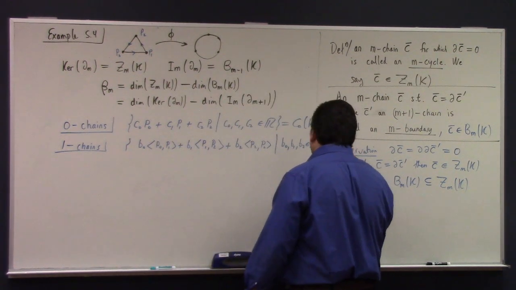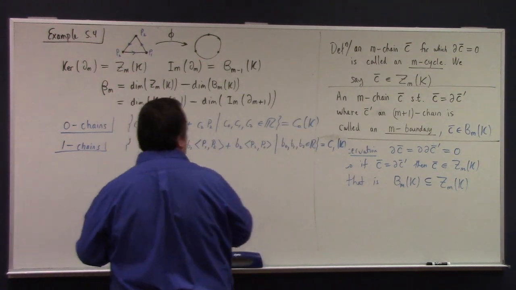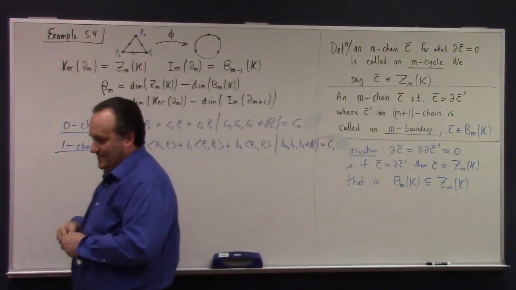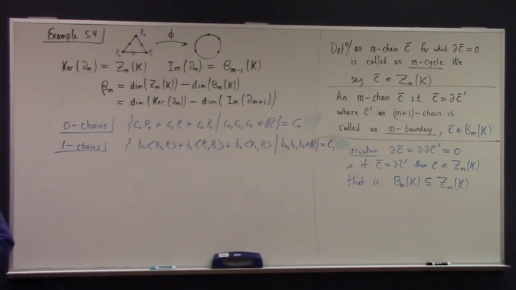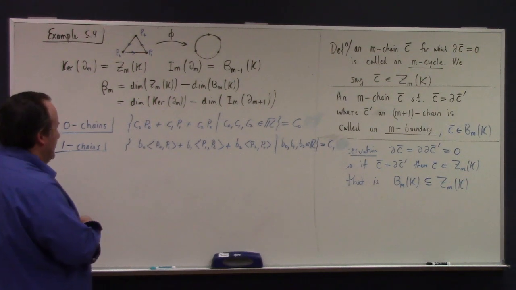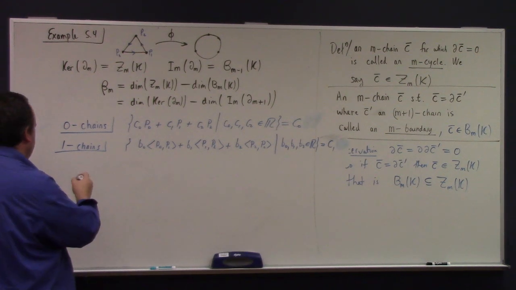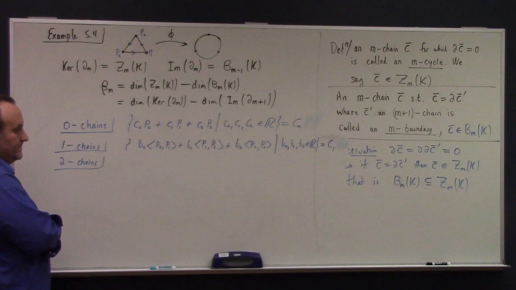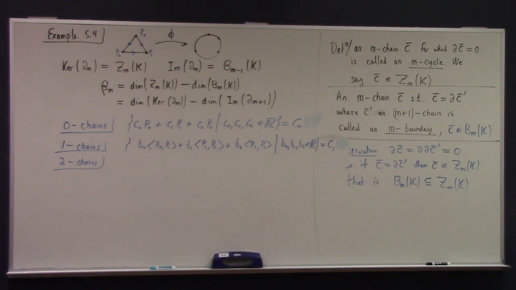Okay, fine. So, how about two chains? Our simplicial complex is the triangle not filled in.